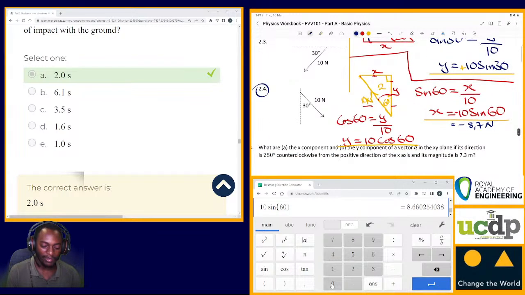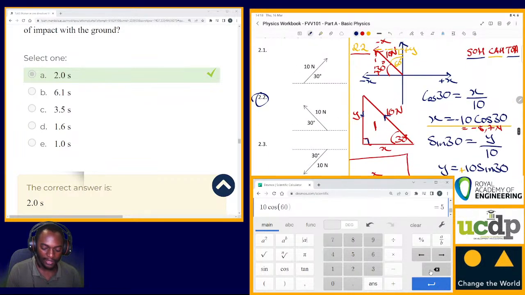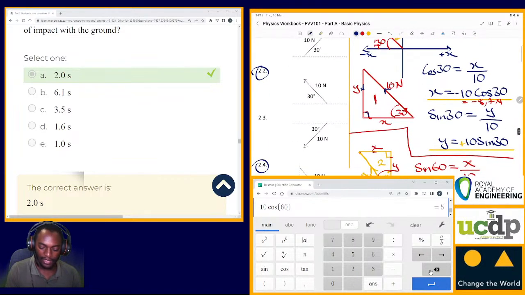Let's do the same again for y. 10 cos 60. Let's see there. We get a y which is equal to 5 newtons. Then here we had 10 sine 30.